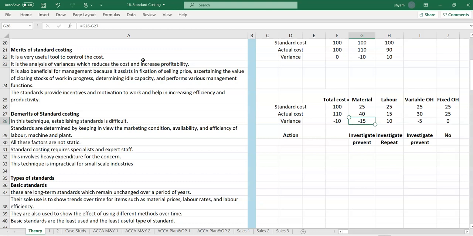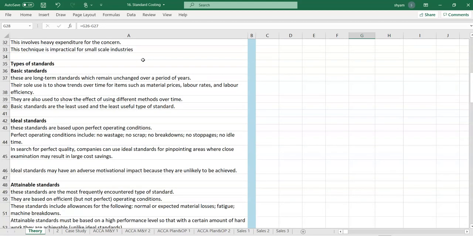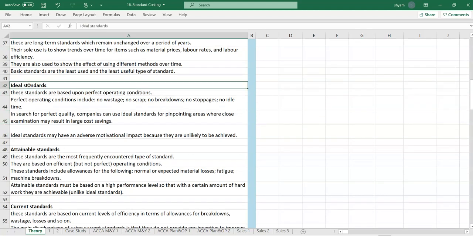But throughout the year and throughout all the years, if he keeps on seeing only negative variance, he will be demotivated. And if you are going to fix a salary or incentive based upon a favorable variance, he is never going to achieve that kind of good variance in his life, because ideal standards can never be achieved. So he will become demotivated. So that is a problem with ideal. So this also cannot be used.